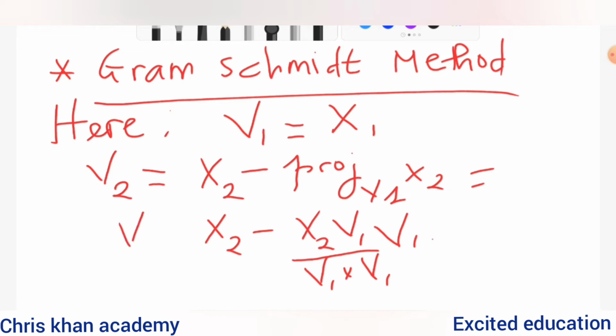This is the formula for calculating what we call v2 in the Schmidt method.